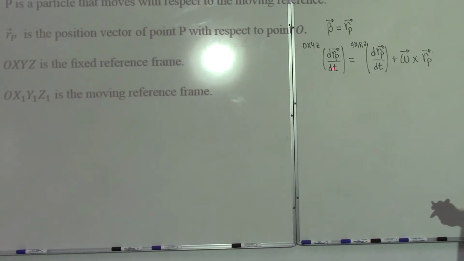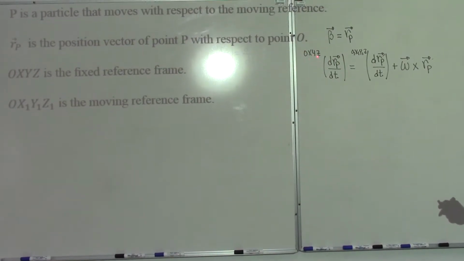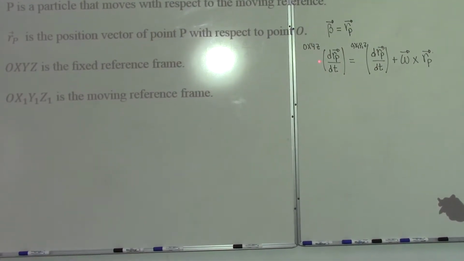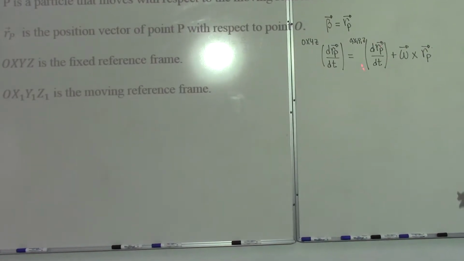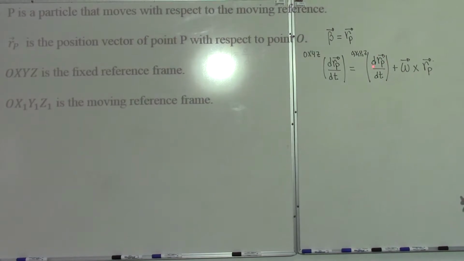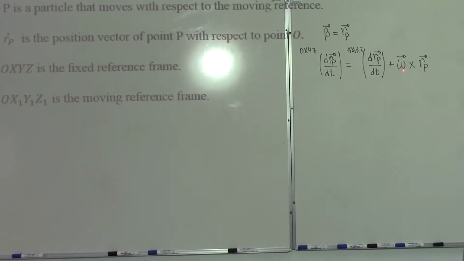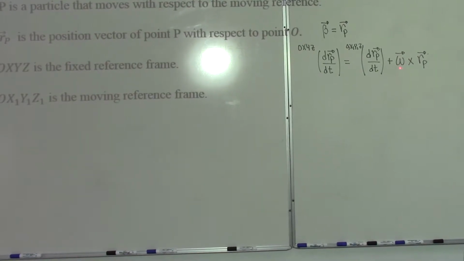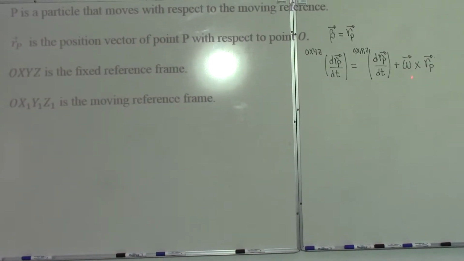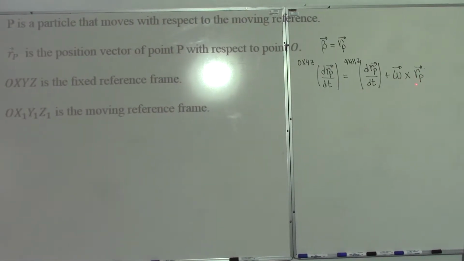This equation relates the velocity that the fixed reference frame observes in the particle with the velocity that the moving reference frame observes in the particle, plus the angular velocity of the rigid body, that is also the angular velocity of the reference frame, times the position vector.